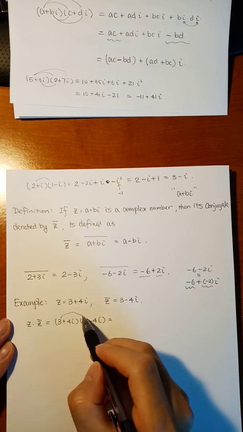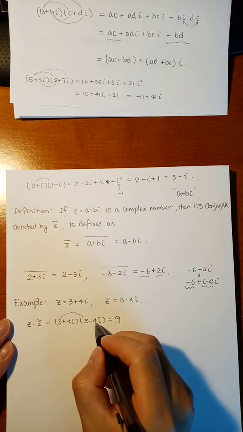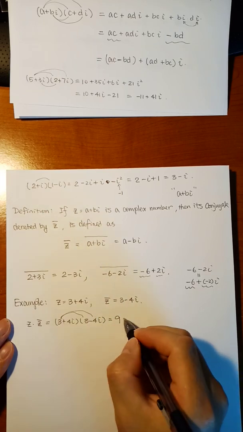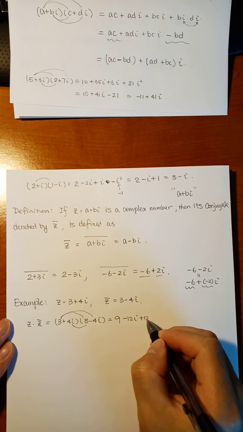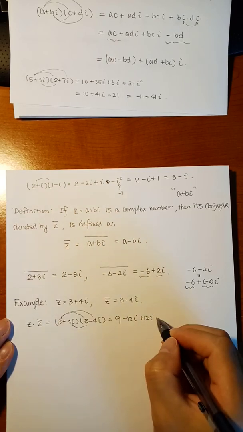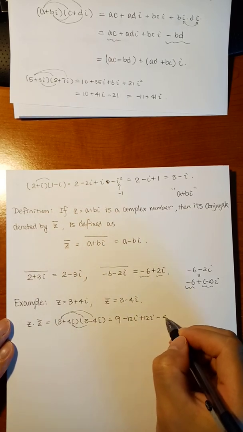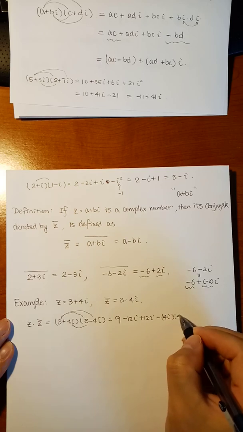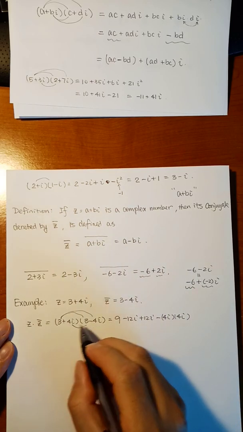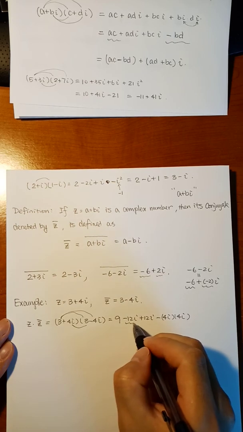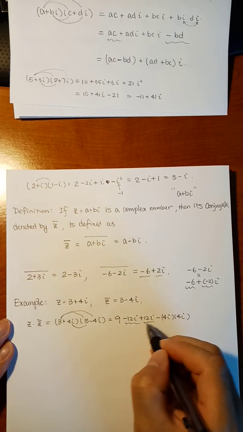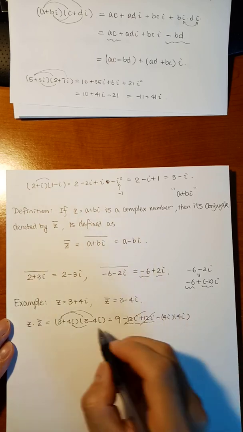Well, let's try. 3 times 3, 9. 3 times negative 4i is minus 12i. 4i times 3 is plus 12i. 4i times minus 4i: this is a minus sign, 4i, 4i. Minus 12i plus 12i, they cancel.